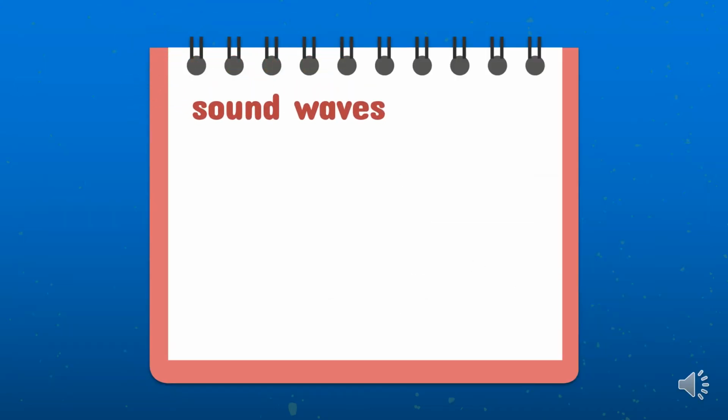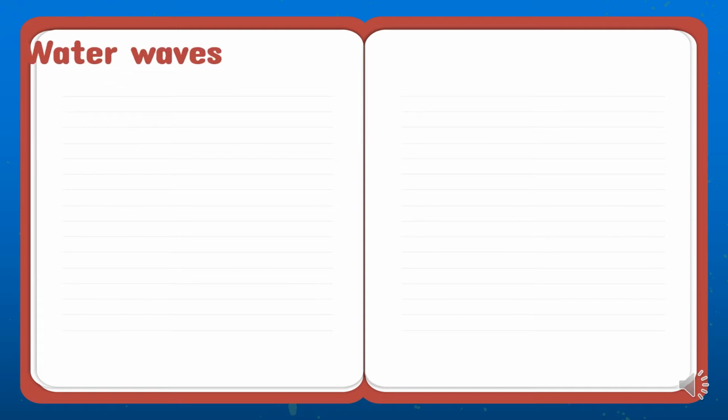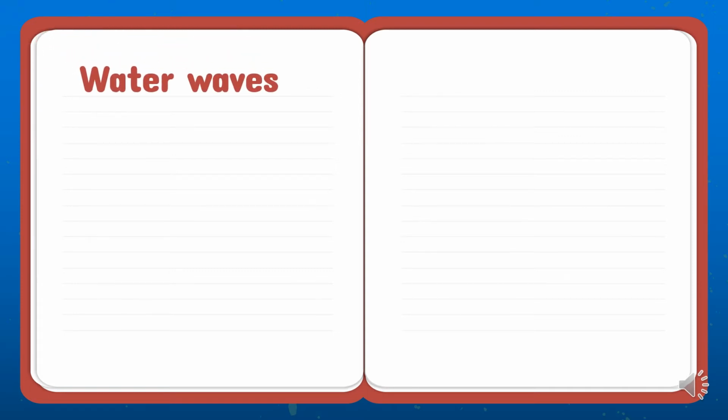Example of sound wave: playing a drum, as shown in the figure. Next, another example: boy A is talking to boy B. Boy A produces sound wave and transmits energy to boy B. Next, another example of mechanical wave, which is a water wave.